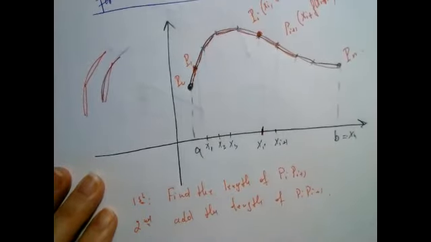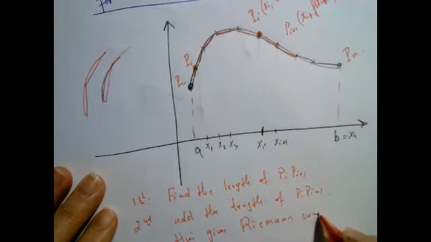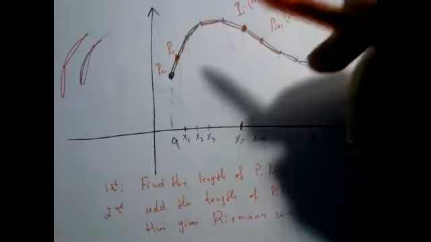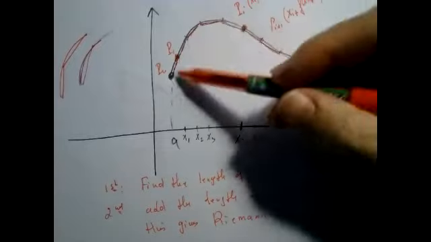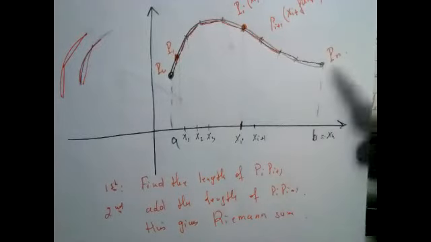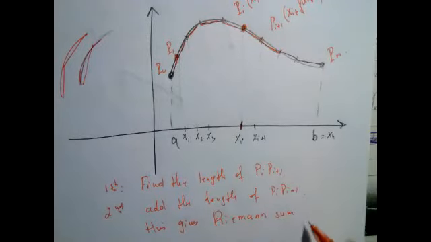And then this will give a Riemann sum. That's really the strategy we're going to use. So the idea is I'm going to compute the length of this, and I'm going to add all those up. Adding them will lead me to a Riemann sum, and then this will be transformed into an integral.